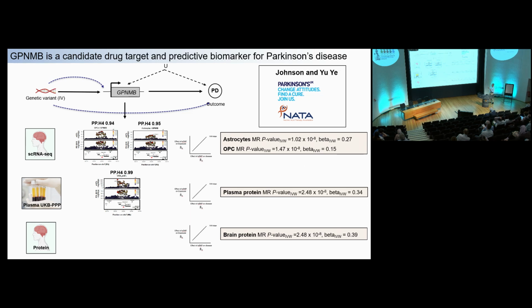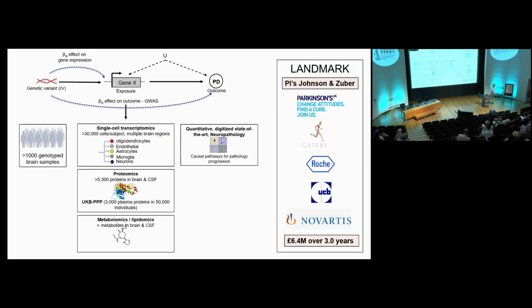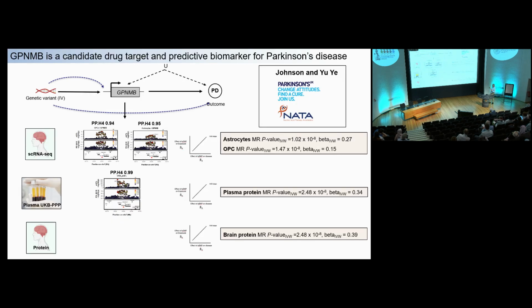And this year we were awarded a drug accelerator grant from Parkinson's UK to work with UK's Nucleic Acid Therapy Accelerator to develop an antisense oligonucleotide therapy targeting GPNMB as a candidate treatment strategy in Parkinson's disease.